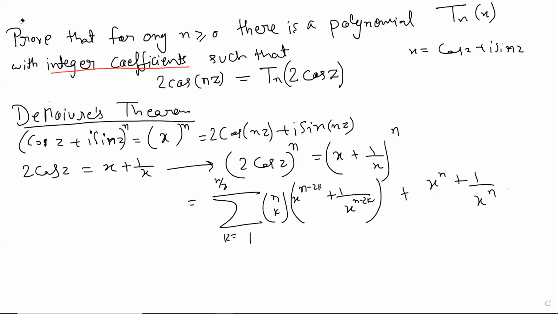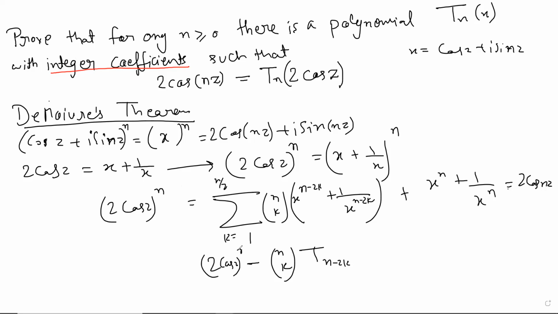So induction is exactly the way to go. 2 cos nz. And this one exactly works, right? So this will be t n minus 2k, n choose k, and minus of this with 2, this to the power n is equal to 2 cos nz.